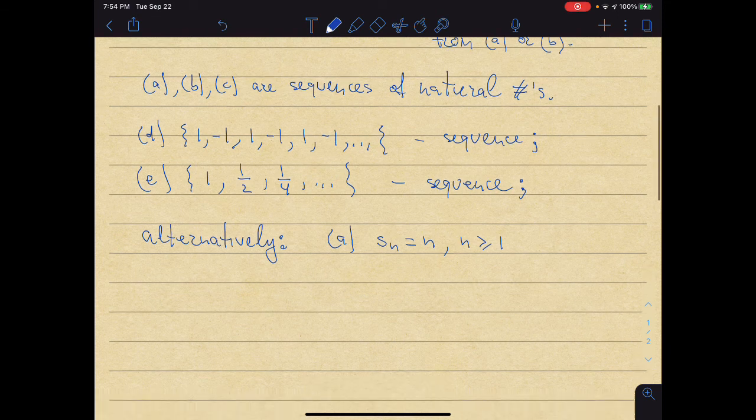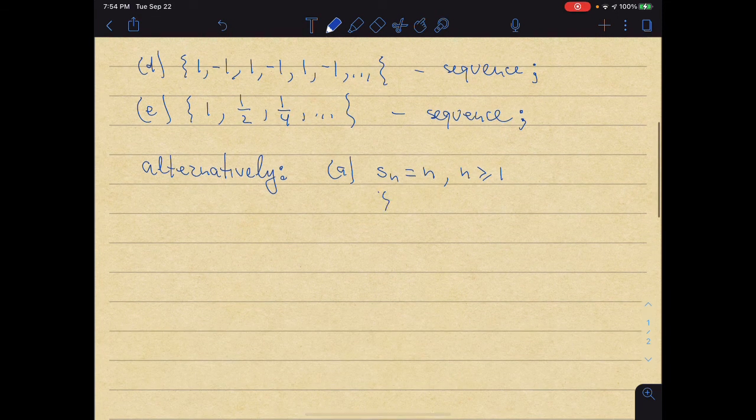So Sn is then the nth element of the sequence. And in this way, I am specifying what each element of a sequence is depending on its index. So n is the index.